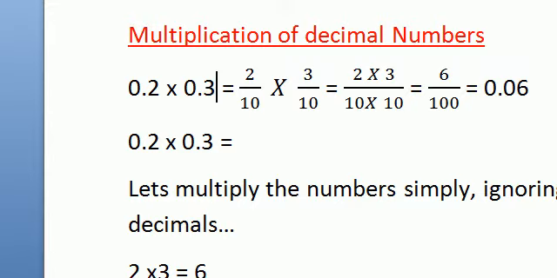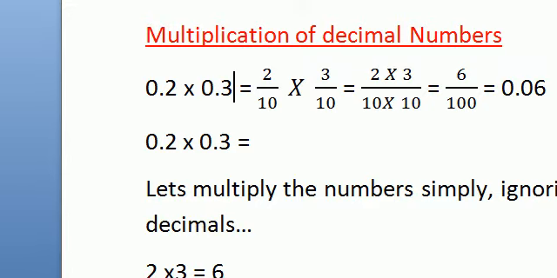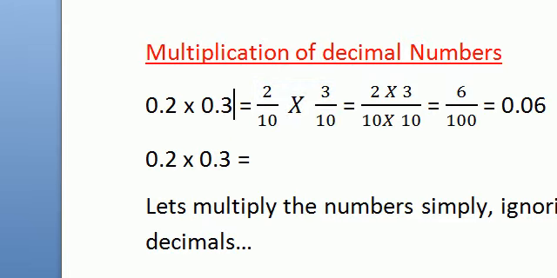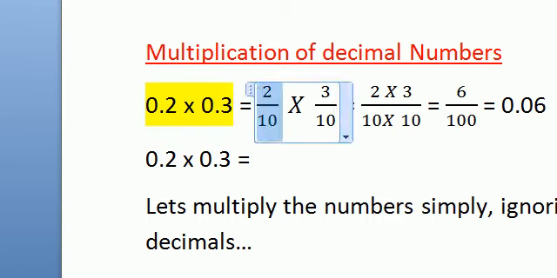We already studied that 0.2 is the same as 2 by 10, multiplied with 0.3, which is the same as 3 by 10. So we have changed the multiplication of decimals into the equivalent multiplication of fractions.